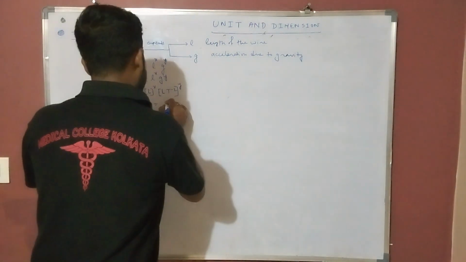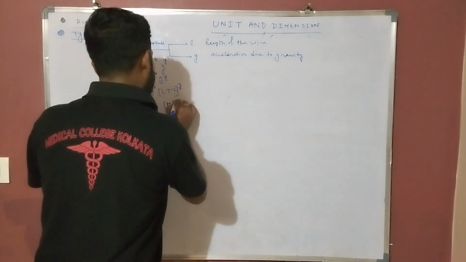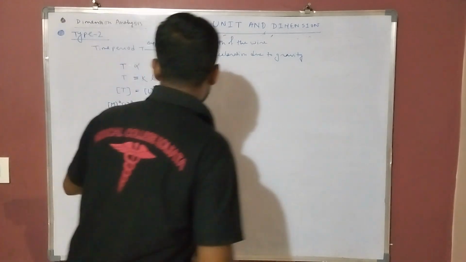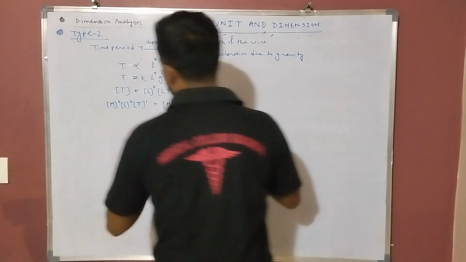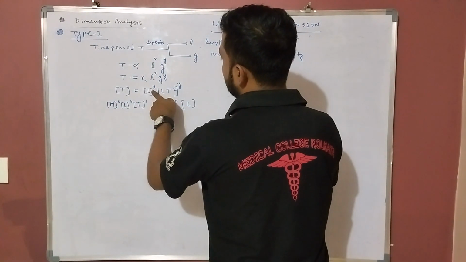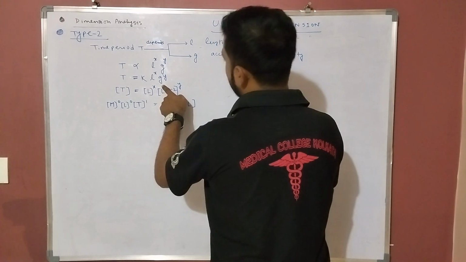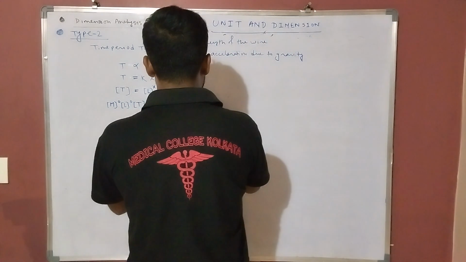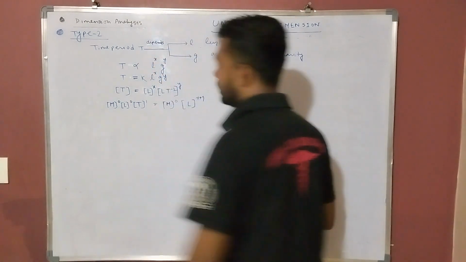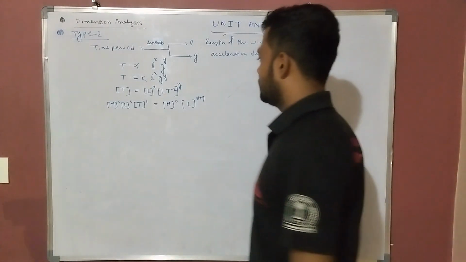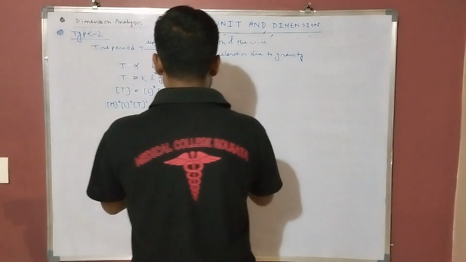Now here also M to the power 0. What will be the power of L? L to the power X here, L to the power Y here. So we can write L to the power X plus Y. Understood or not? This is the basic concept of mathematics.